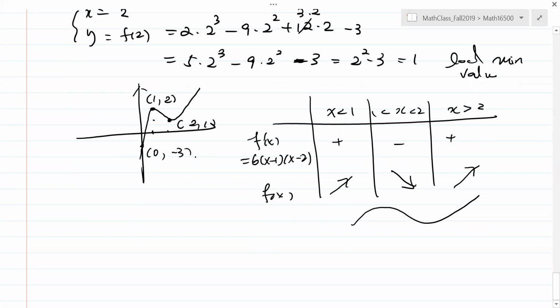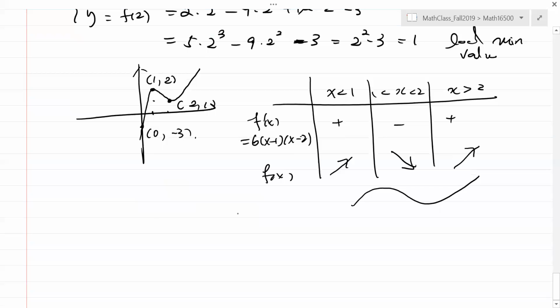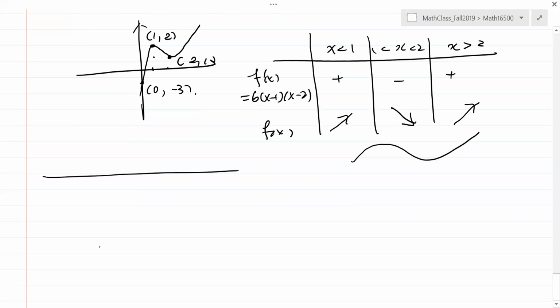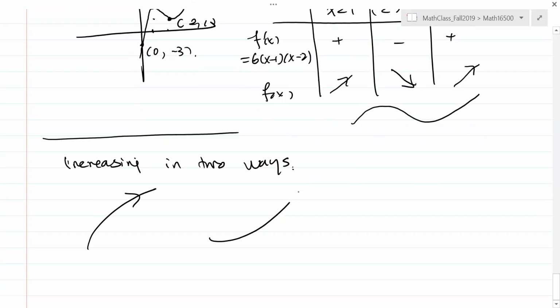We want to know more information about the graph, because when the function is increasing, it increases in two different ways. This could also be increasing.